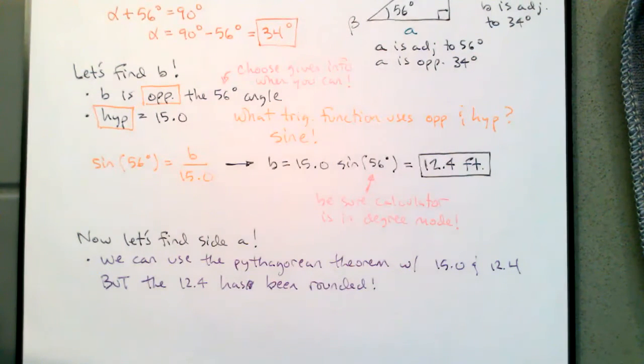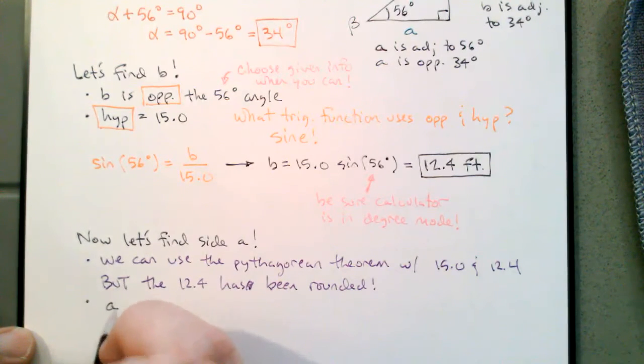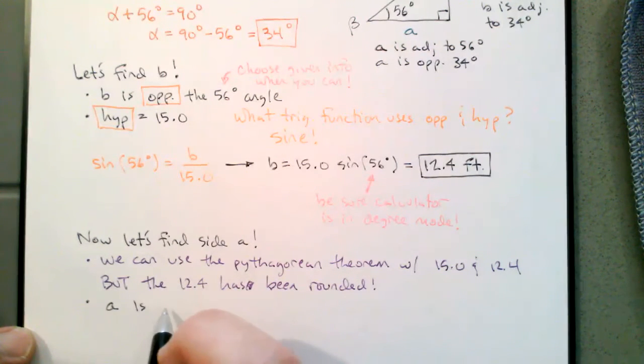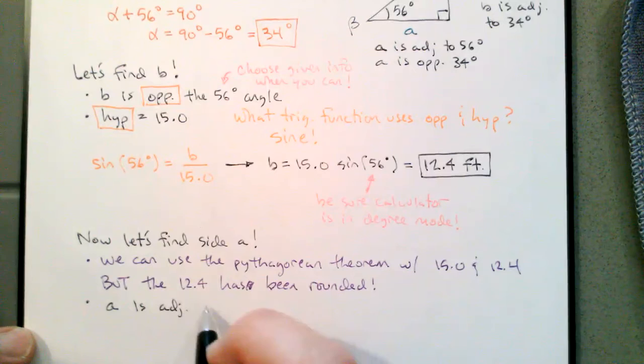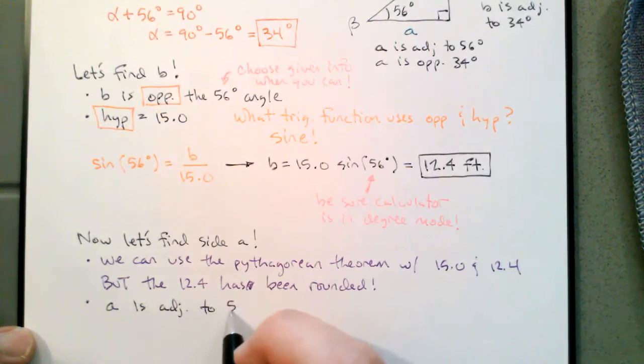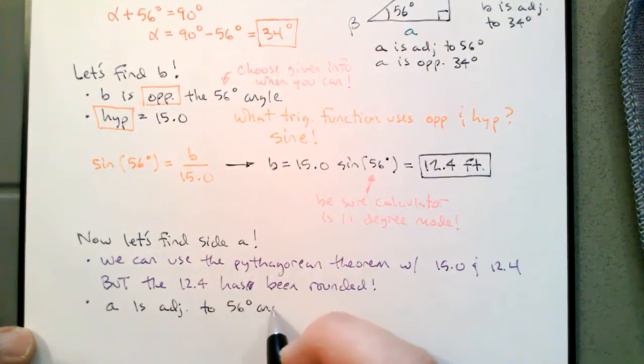So let's try another strategy. Let's try to use the given information whenever we can. So I'm going to observe that A, the one that we're looking for, is adjacent to the 56-degree angle.